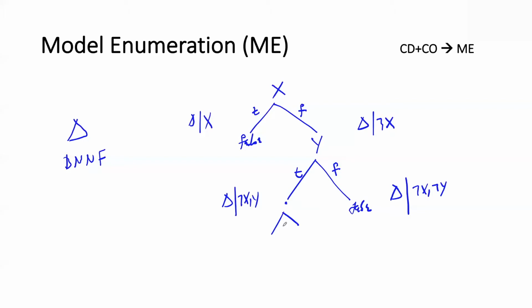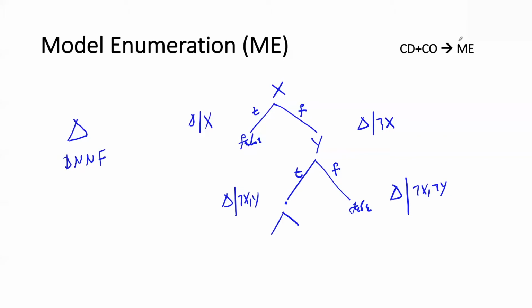So the point is, when you build this tree and you're done, the tree itself will be proportional to the number of models that you have. And in fact, it will enumerate them. It's just listing them for you. And the amount of work that I've done is no more than linear in the number of models. And it turns out this procedure really did not depend on DNNF in particular.